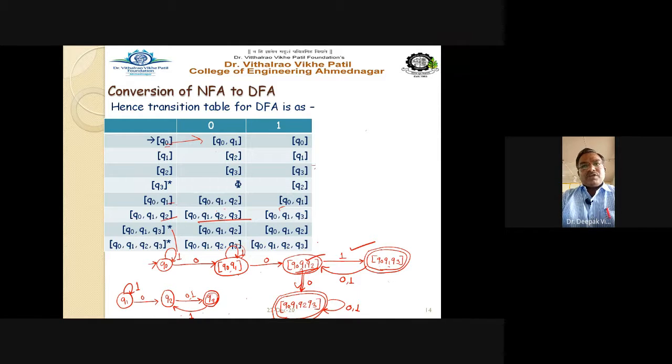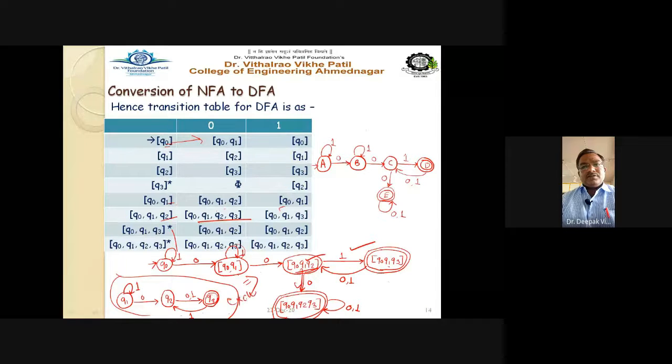But here we are not going to include this particular part because it is not connected anywhere with our DFA. This part will be excluded from our resultant DFA because there is no transition from the start state or from any other state to either Q1, Q2 or Q3.